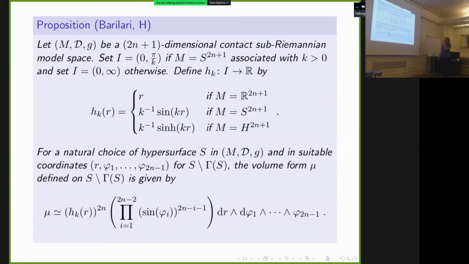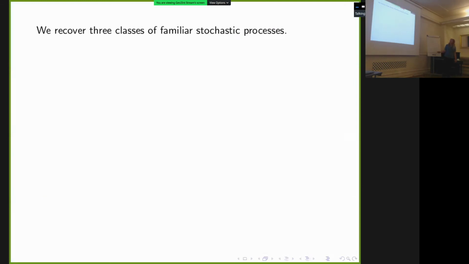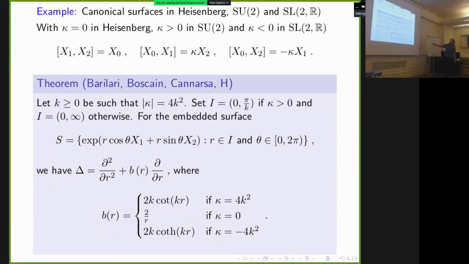And so if you push this to higher dimensions, the important thing essentially is to understand how this measure mu behaves. It turns out that the model cases are not particularly concrete, but I'll try to give the main ingredients. We want to play a similar game as in the three-dimensional case. There, we had the Heisenberg group, which you can think of as a zero curvature space with kappa equal to 0, because this has some sort of curvature invariant property.